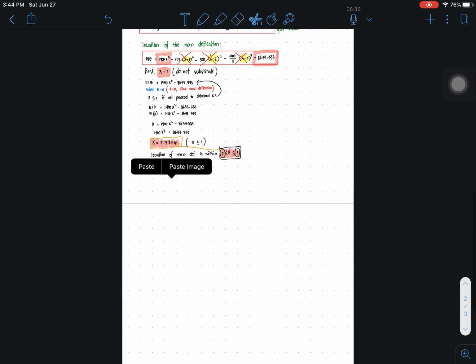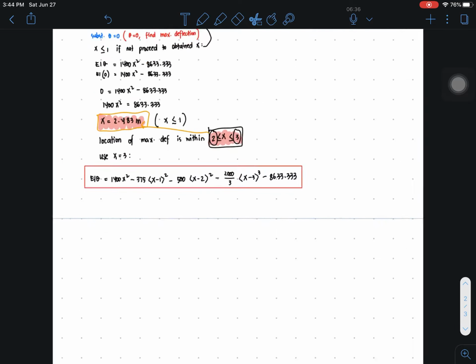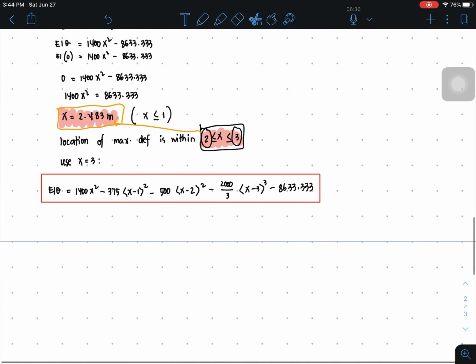General slope solution. Kay we still don't have the value of x man. Kay ang atong gi-expect nga answer ganina kay less than or equal to 1. Pero karon kay ni give man siya answer nga 2.483. So pasabot atong i-change ang boundary line. So we're using x equal to 3. So ato is satisfy.